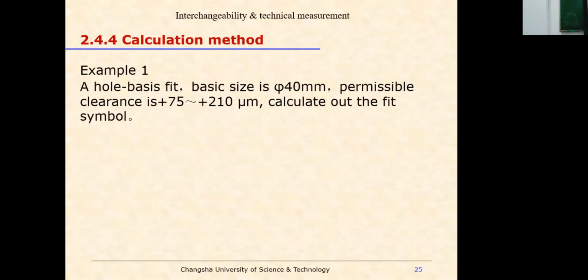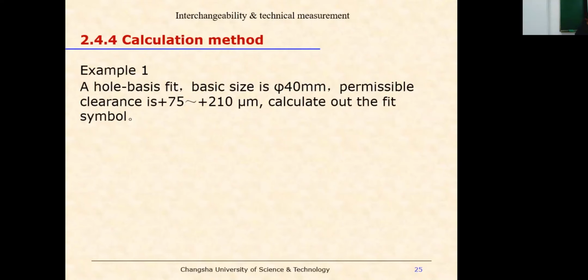It means that when your boss gives you a part design or function, you need to design the tolerance grade like this one. Usually we use the hole basis, right? So a basic hole of 40 is given, and the permissible clearance is 75 to 210.